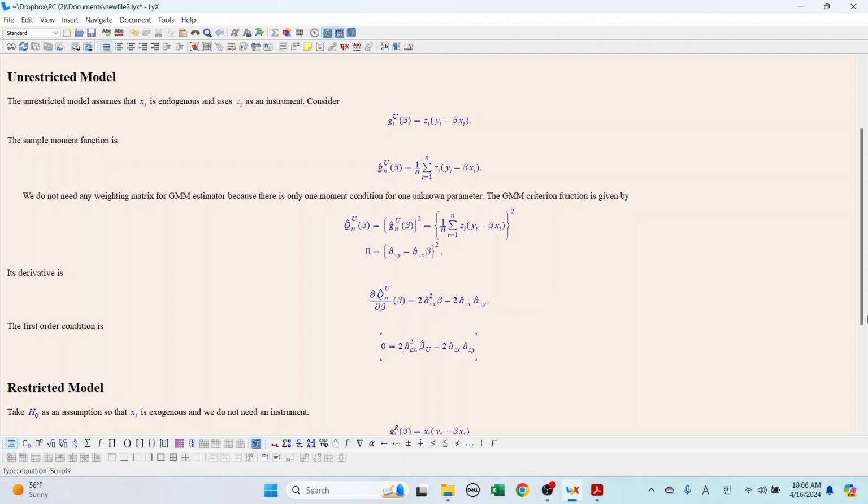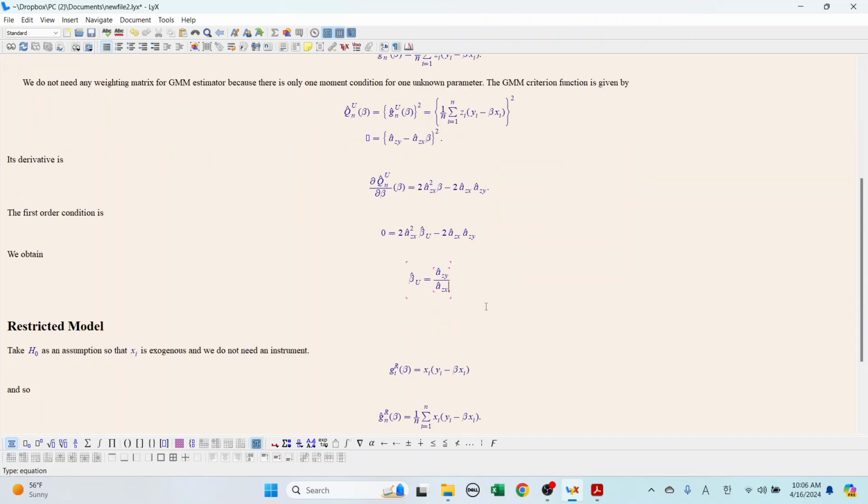And from here, if you solve for beta u, we obtain the unrestricted model's beta as hat A_zy over hat A_zx. So we have a closed form solution here.